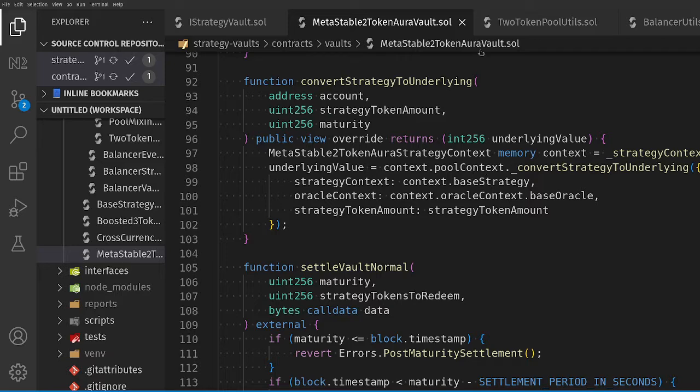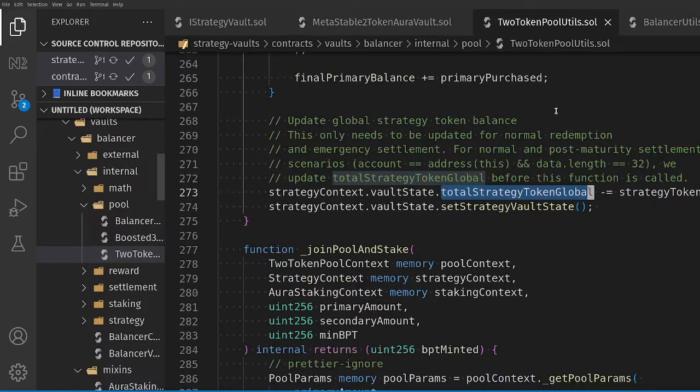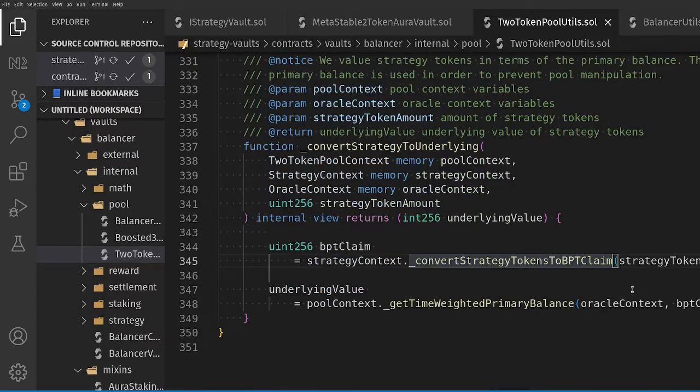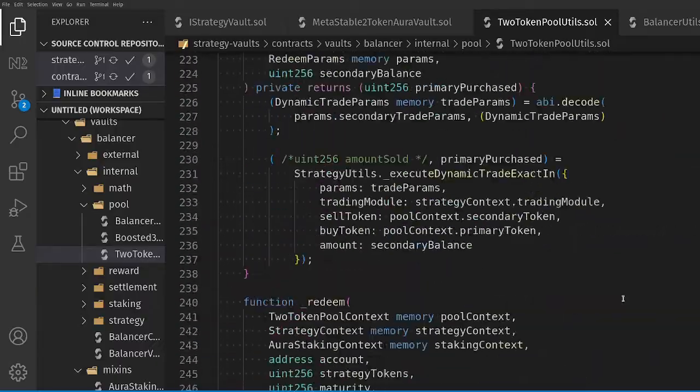Now we'll look at convert strategy to underlying. In order to value a strategy token balance, we'll first convert it to a BPT claim, and then we will get the time-weighted primary balance.